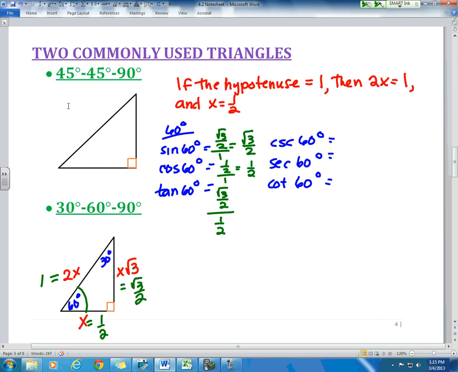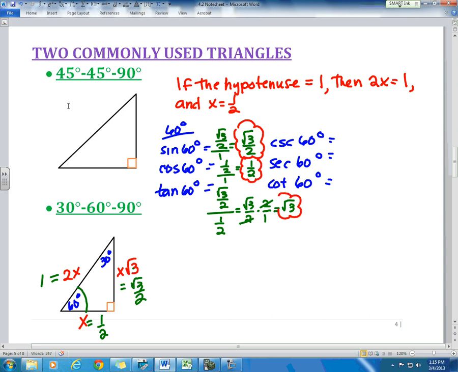And if we simplify this complex fraction, we have radical 3 over 2 being multiplied by 2 over 1, which is just radical 3 because the 2's divide out. So our three base trig ratios, the sine of 60 degrees is equal to radical 3 over 2. Cosine of 60 degrees is 1/2, and the tangent is radical 3.